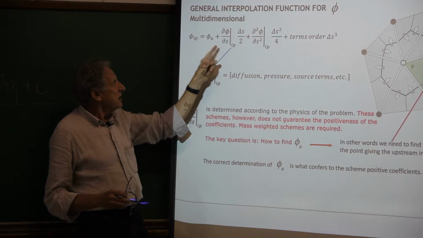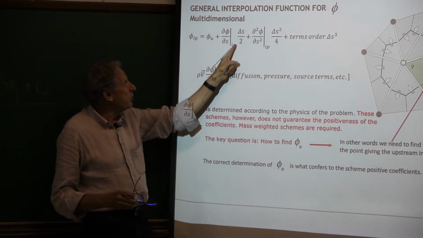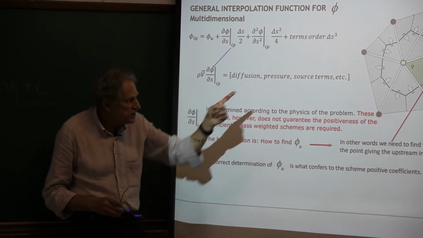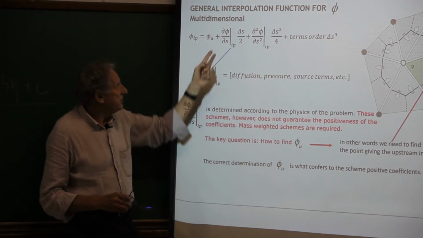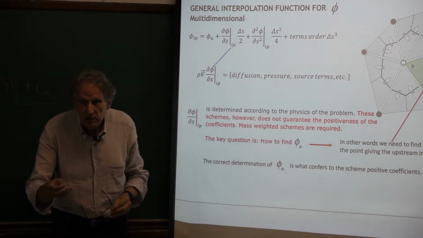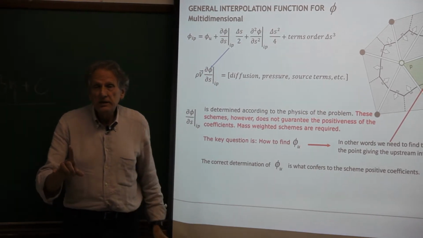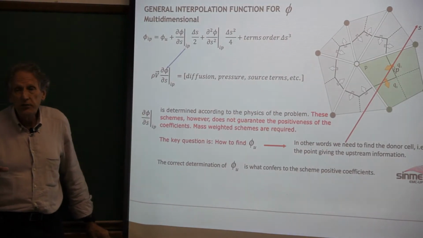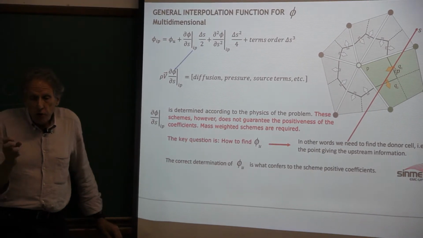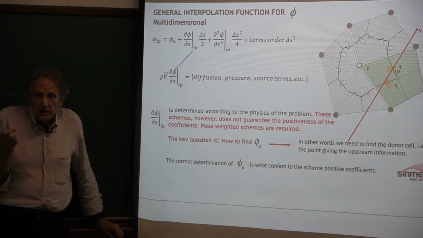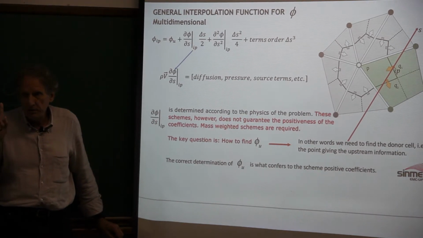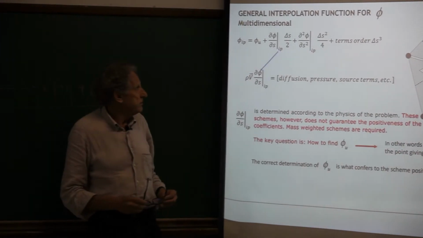Then, if I have some way of calculating this dphi/ds, where s is the streamline there, I introduce what the literature calls anti-diffusive flux to compensate the strong numerical diffusion that you are going to have if it's pure upstream.